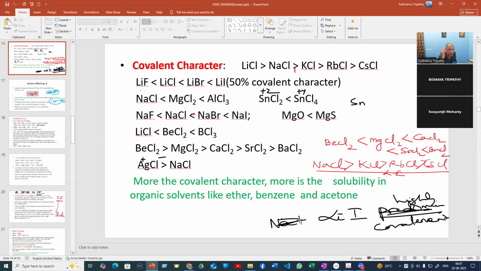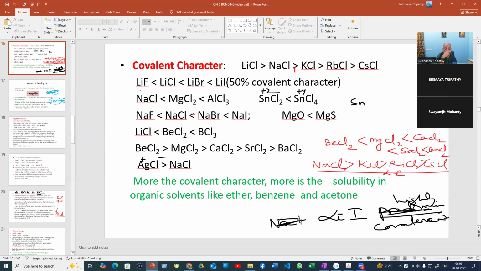Although the 2+ charge remains the same, size is in the denominator, so as size increases the polarizing power decreases, and hence the covalent nature decreases. And here, as I have told you, the guiding aspect for melting point is the polarization effect.